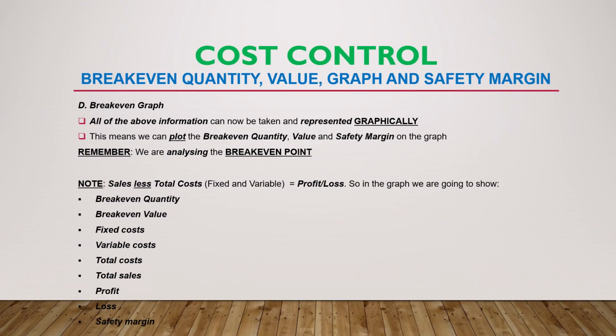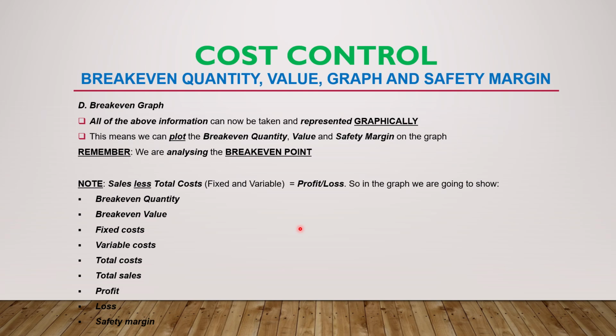Right, now we are going to do the graph. We have done the break-even quantity, the break-even value, and safety margin. Now we are going to present what we have calculated graphically. We are going to show it in a graph.